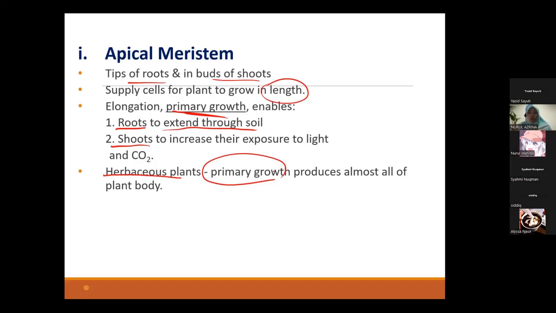That's why kangkung tak akan tiba-tiba dia gemuk, tak ada. Dia makin panjang. Why? Because the entire parts of kangkung, ulam raja ke, herbaceous plant, right? So they will just involve primary growth.